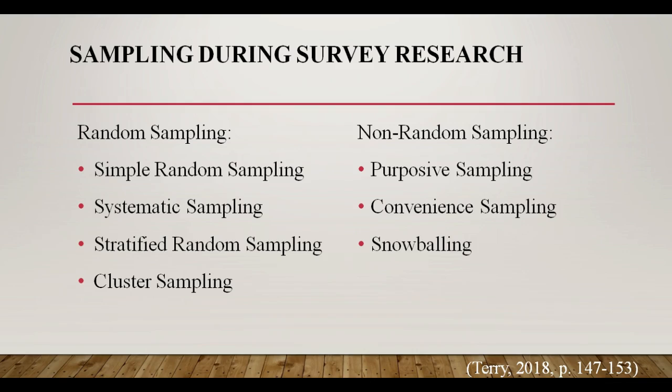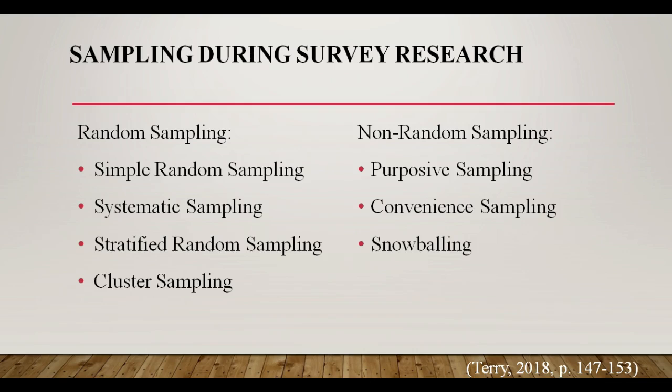Convenience sampling is where the sample is made up of those that are easiest to recruit. For example, sending an email and using those who respond to the email. Snowballing: participants are asked to recommend other participants.